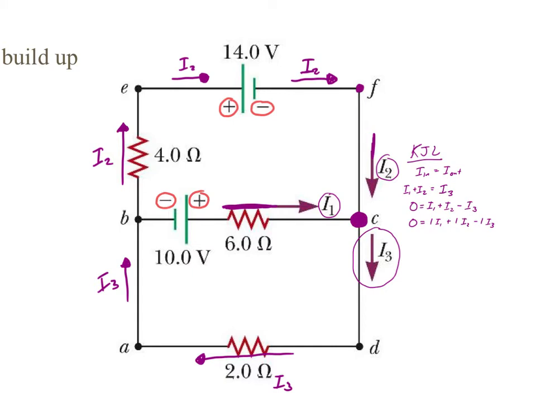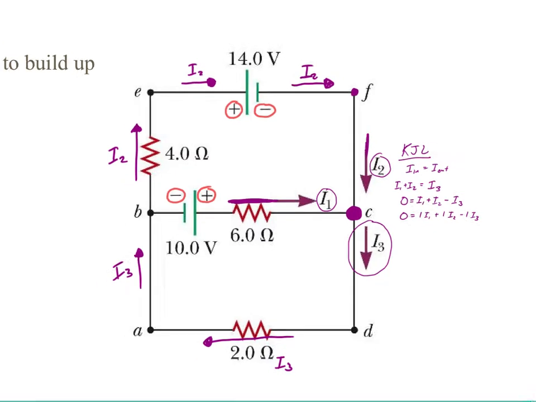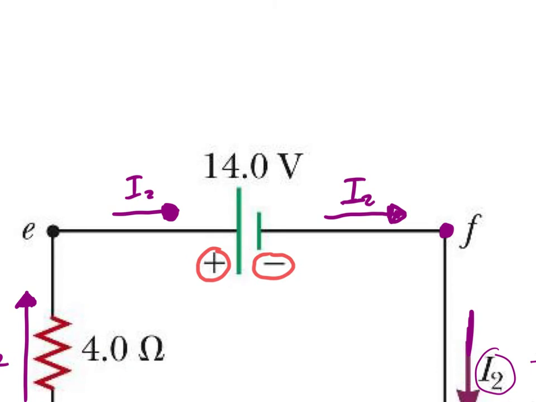And that thing I just said about the 14, that should have bothered you a little. That's a weird result. That is not the way that current normally flows. So what do we do? We're going to make a note of it.